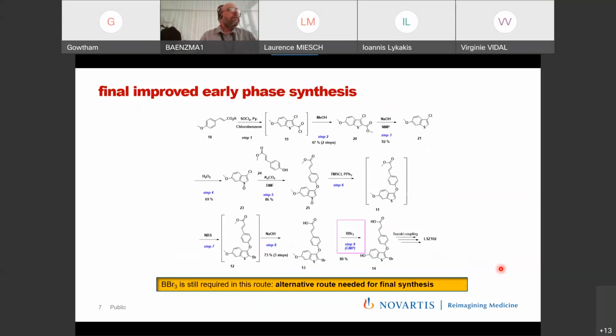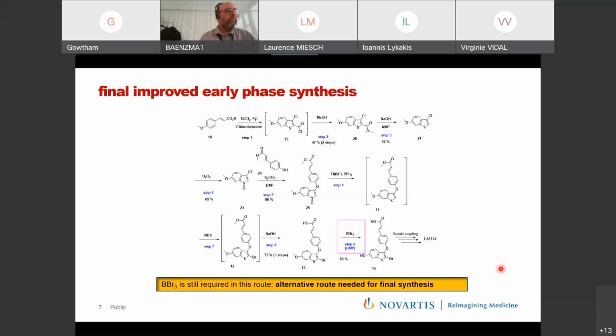Then finally, the improved final early phase synthesis started from the same system, but from compound 21, instead of oxidizing to the sulfone, we oxidized only to the sulfoxide.